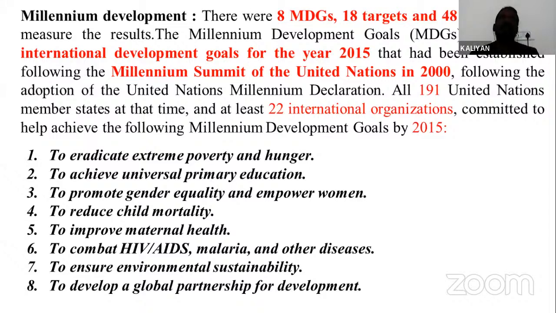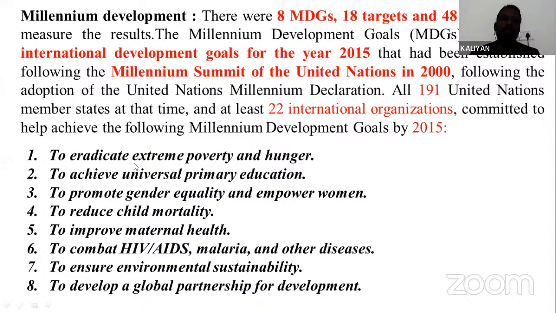There they discussed the development of people and the environment. They proposed the Millennium Development Goals: 8 goals, 18 targets and 48 indicators.